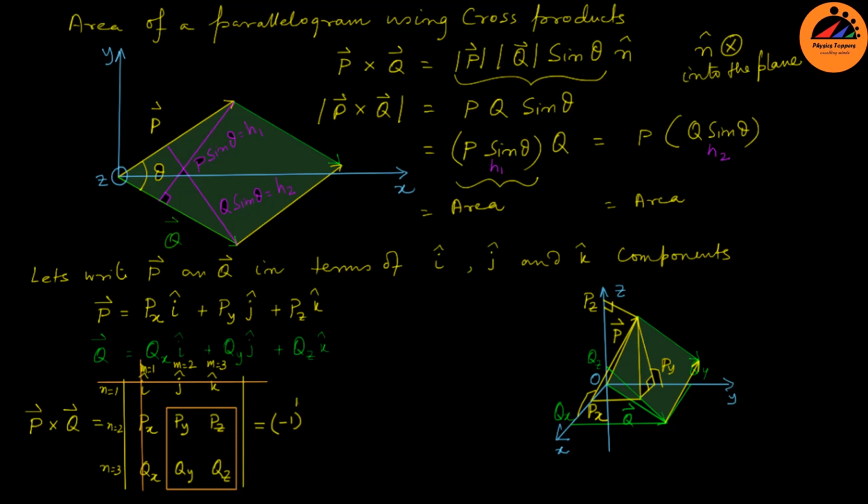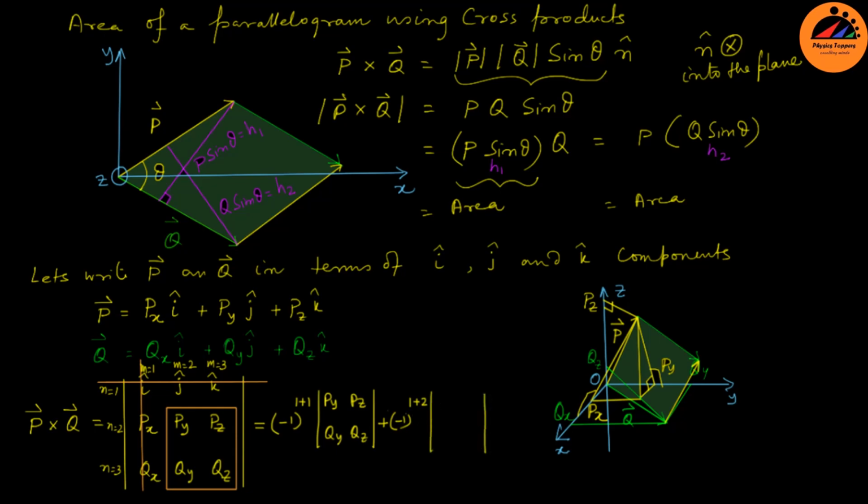Here m equals 1 plus n equals 1 times this determinant is Py Pz Qy Qz, plus minus 1 whole to the power of, first row. j's position is first row second column, so n equals 1, m equals 2, 1 plus 2, see, minus 1 to the power 3, so that is minus 1.